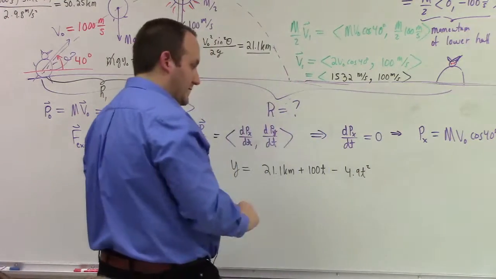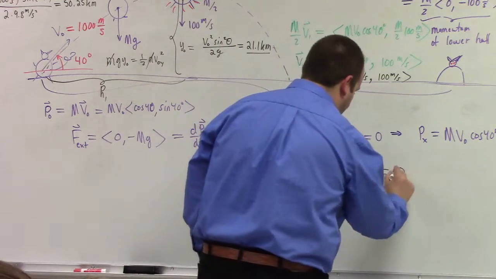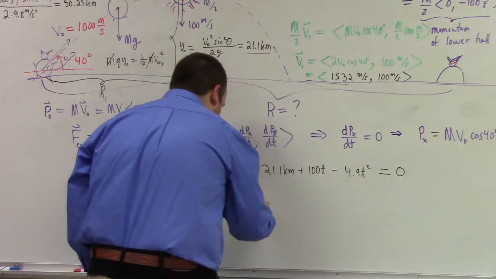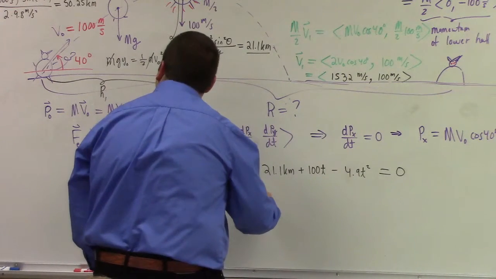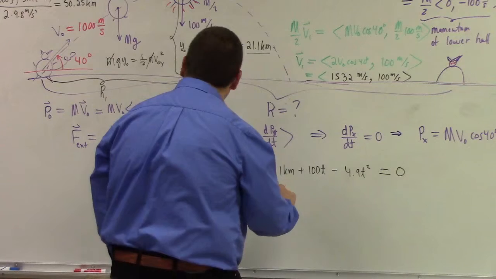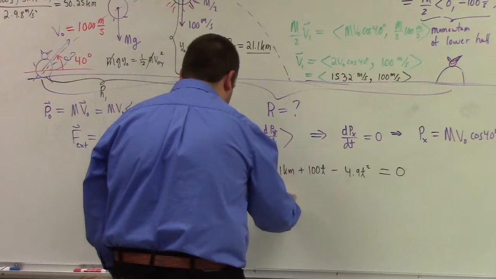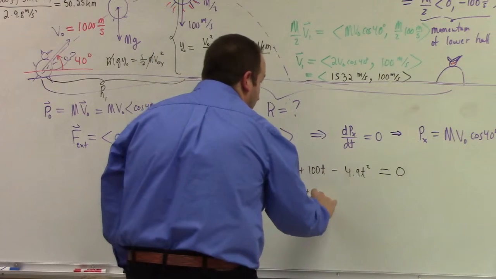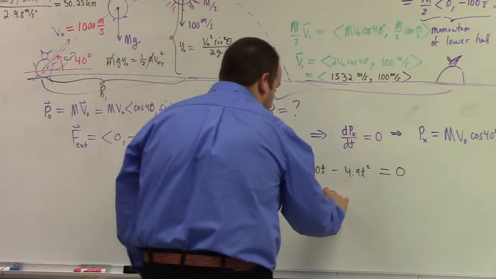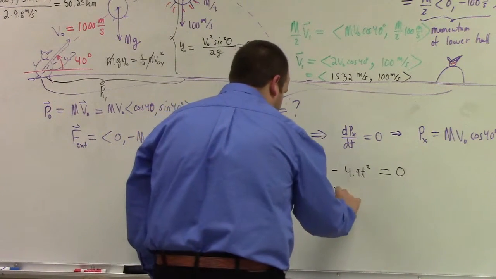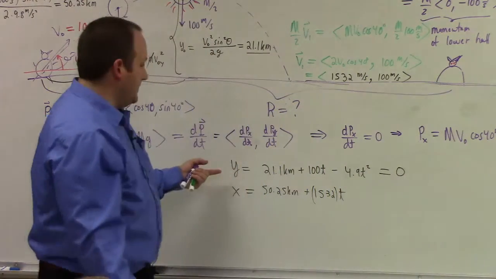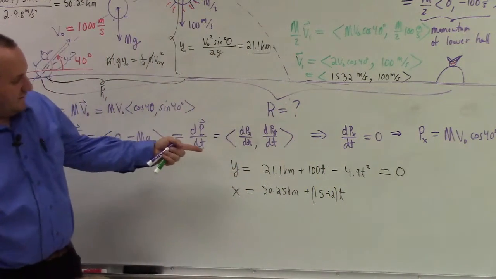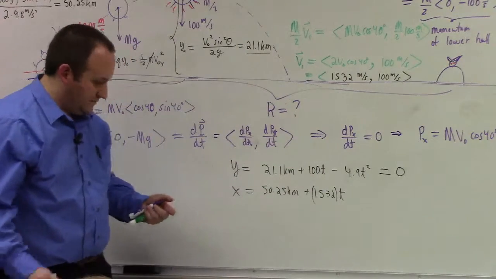You set that equal to 0 and find a solution. And then x is equal to 50.25 kilometers plus 1532 times time. So you solve that to find the time where that happens.